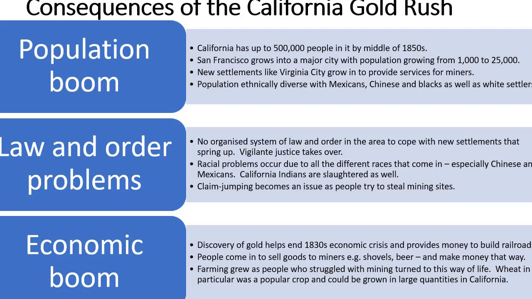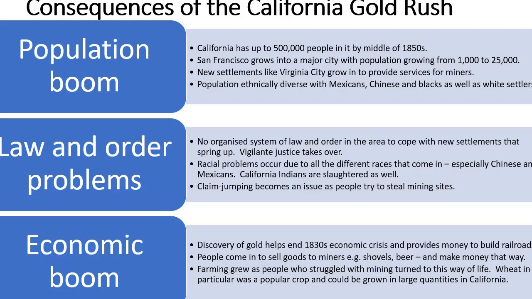It's a pretty significant growth in the population and settlements quite quickly. And of course, the populations of these towns and cities becomes very diverse. We have Mexicans, Chinese, we have Black Americans, as well as white settlers moving into these places.